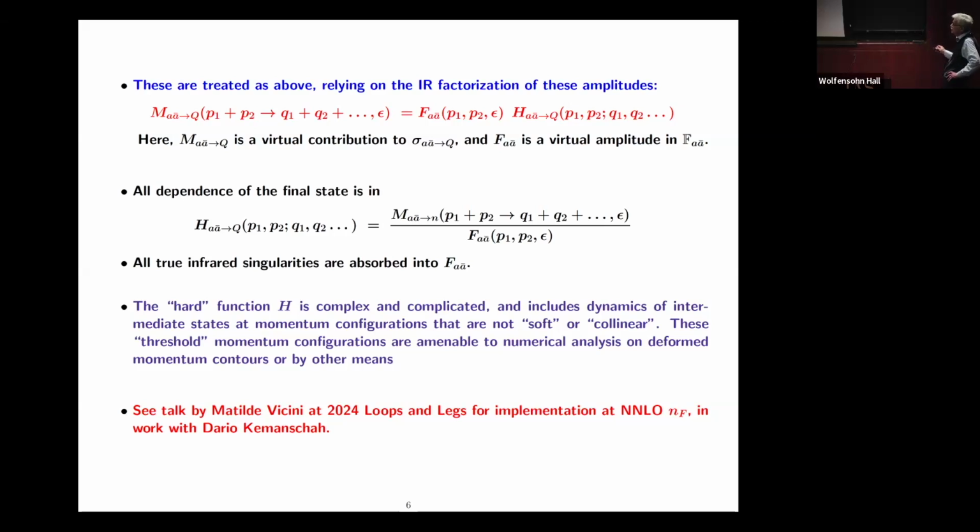The hard function is both complex as a number and complicated as an object, as an integral, and includes dynamics of intermediate states in momentum space that are neither soft nor collinear, but it nevertheless can go on shell.